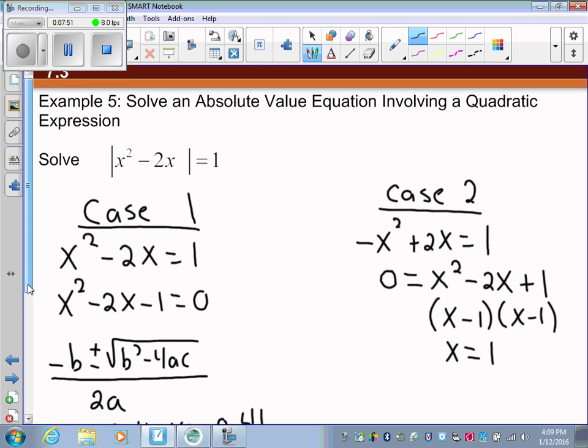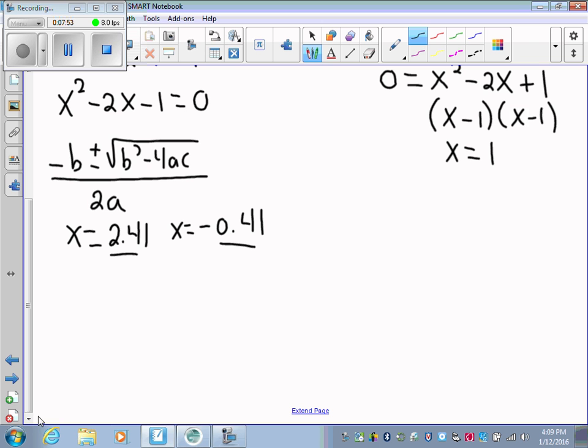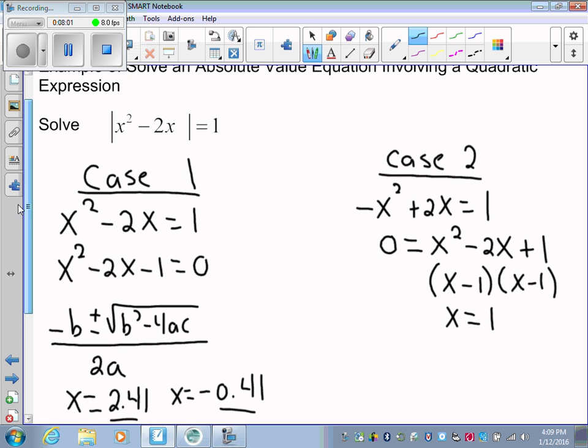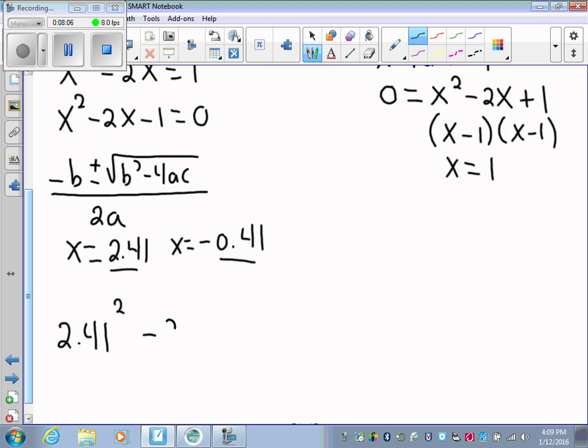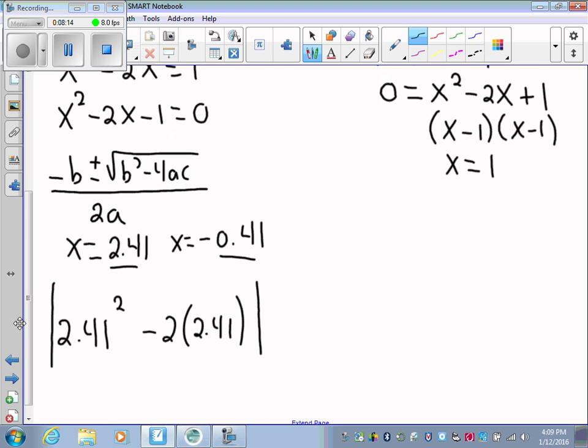Okay? So we will do it by plugging it in. So it says 2.41 squared, and these are going to be a little bit rounded, minus 2 times 2.41 is equal to 1. All right?